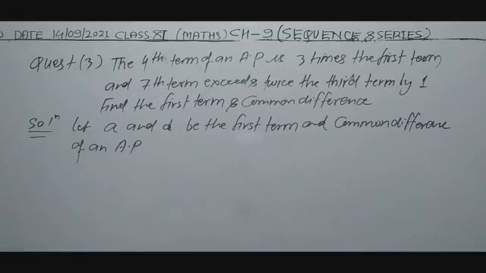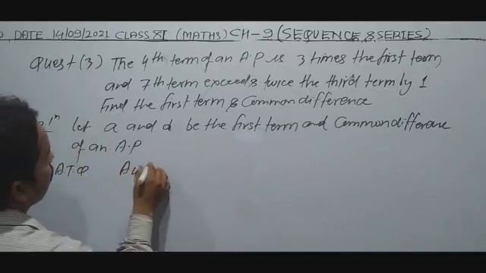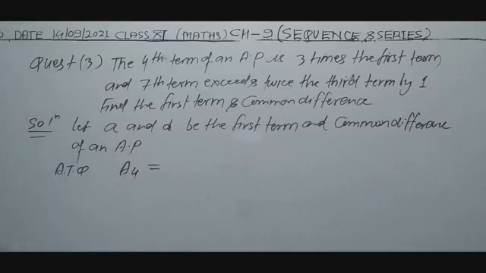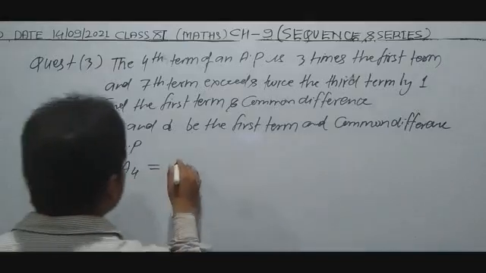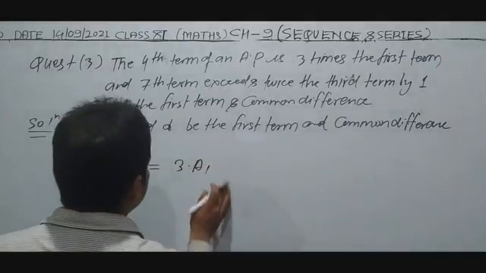Now according to the question, A4, the fourth term of an AP, is equal to 3 times the first term. So 3 times A1 we can write.